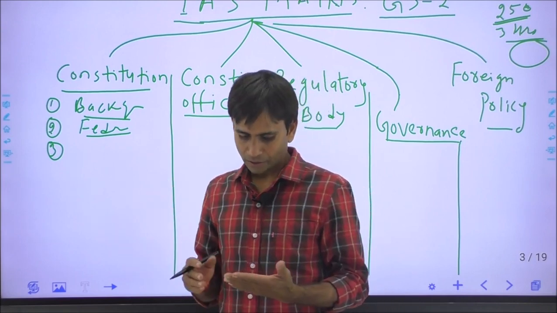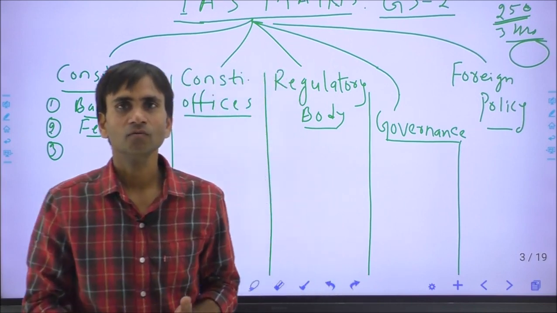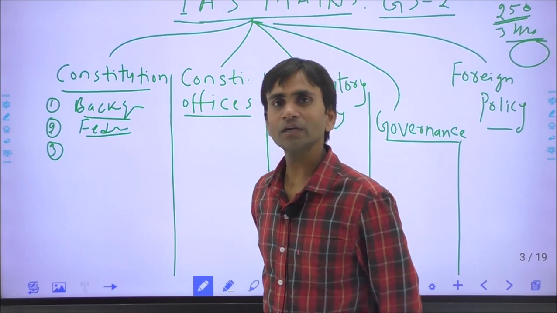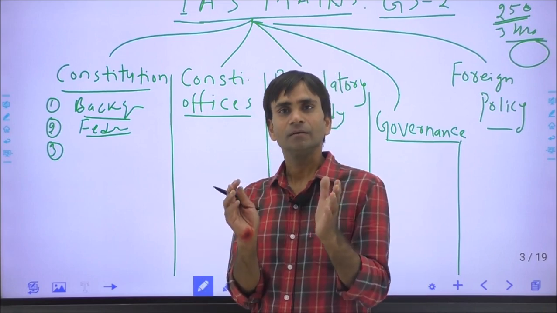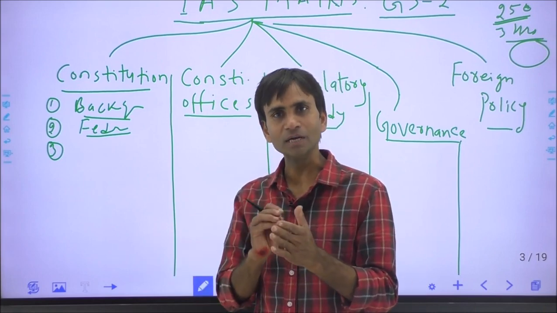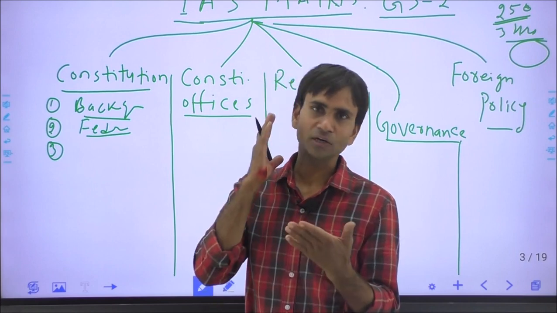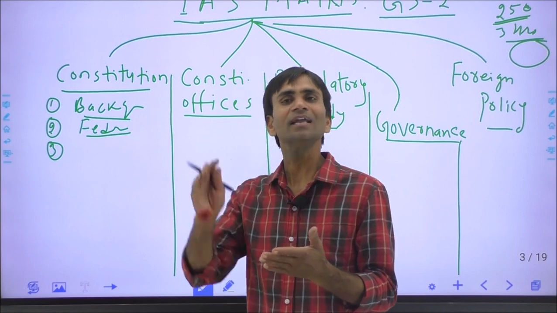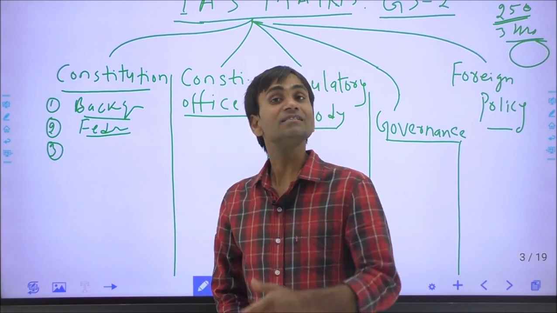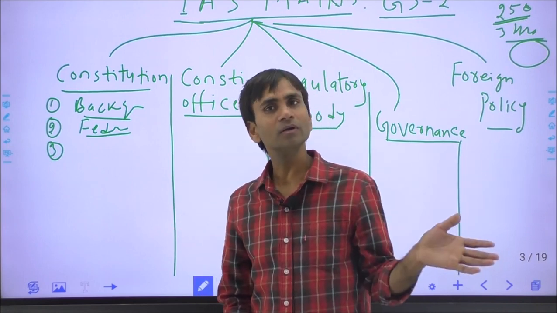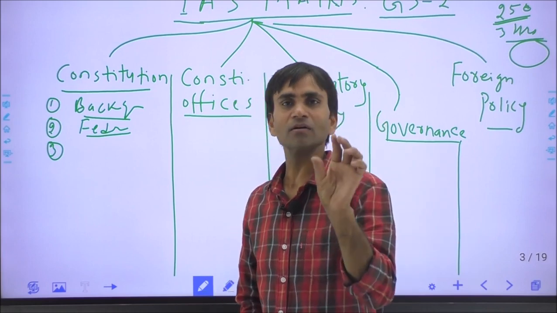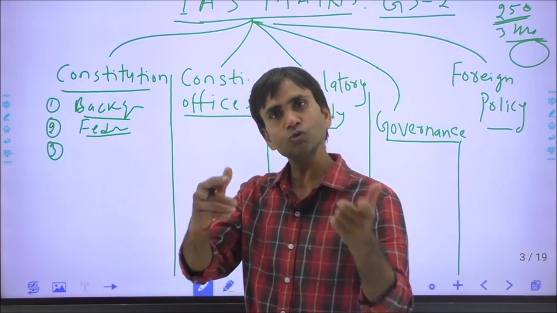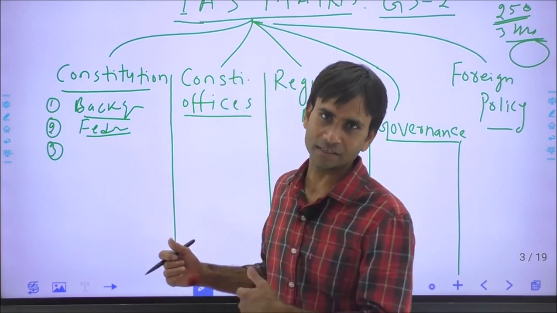So here we have to understand what we mean by dual citizenship and what the barriers are before adopting it. One is the Indian Constitution, because the Constitution provides only single citizenship, and second is the Supreme Court. The Supreme Court is the custodian or guardian of the Indian Constitution, and it has also declared single citizenship a basic structure.